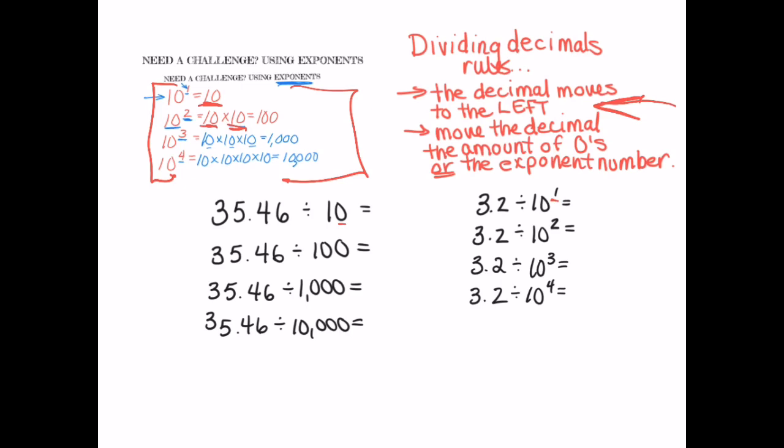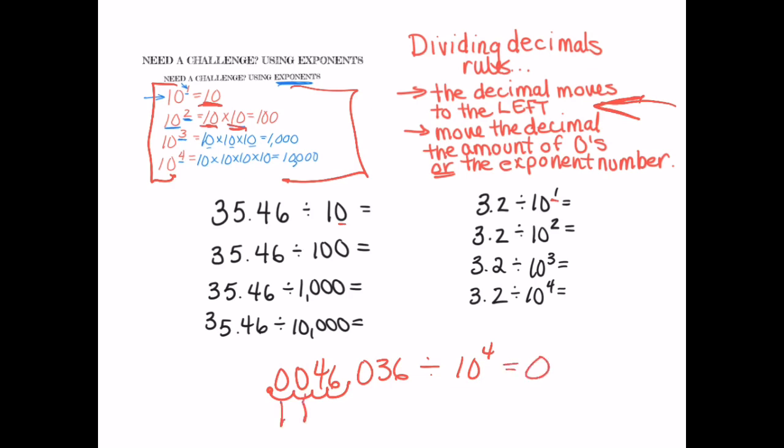You also need to remember that if we go 46 divided by 10 to the 4th power, when we move that over 1, 2, 3, 4, we need to fill this in with the place values, so the tenths and the hundredths.